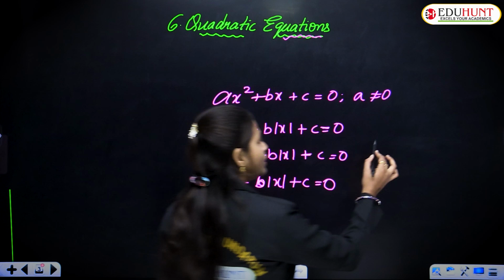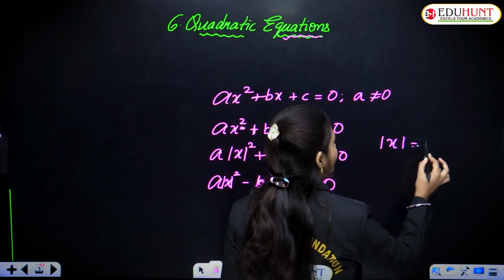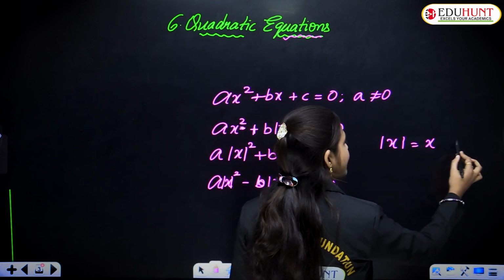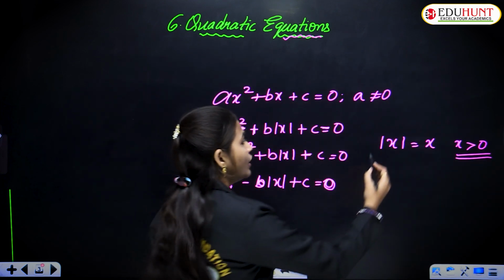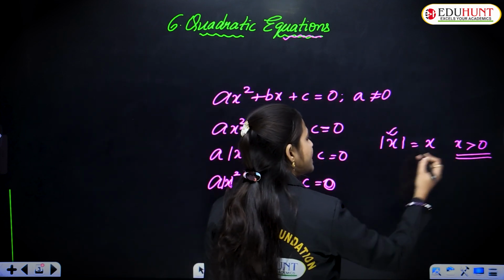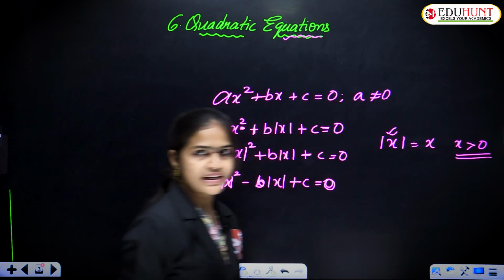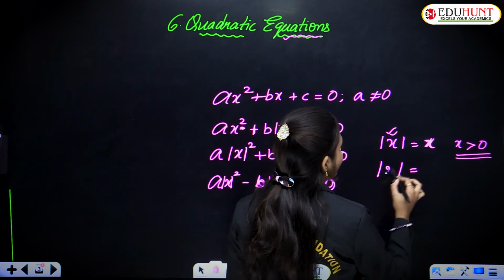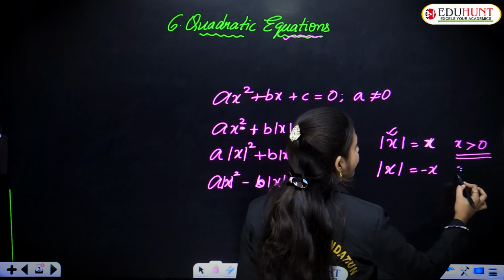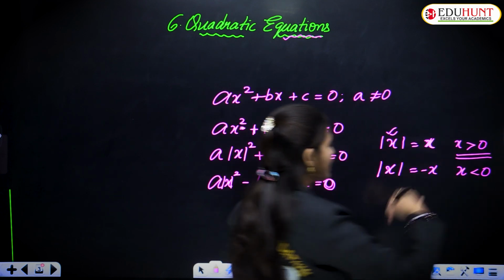Modulus of x is equal to x when x is greater than 0, because then we get positive x. And modulus of x is equal to minus x when x is less than 0.